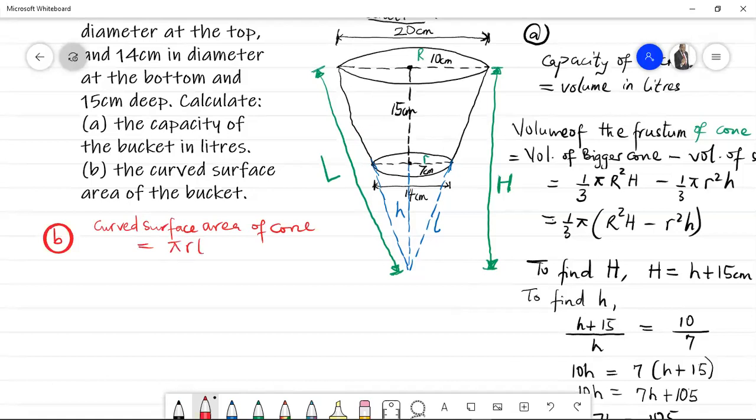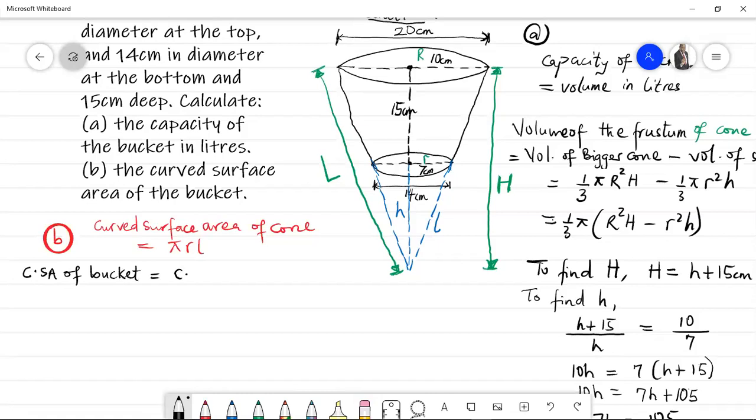But because what we need is the curved surface area of the bucket, just like we did for volume, pardon me, let me use a short form. I'd like to use CSA to represent my curved surface area.